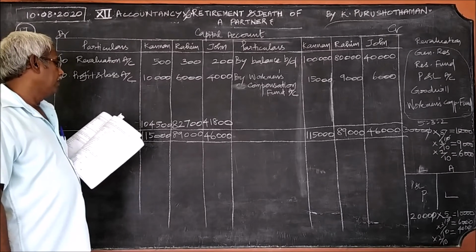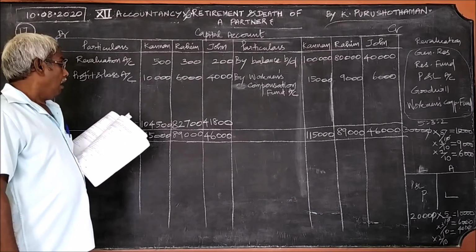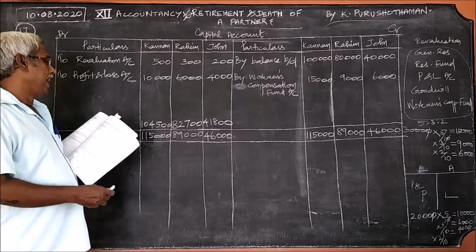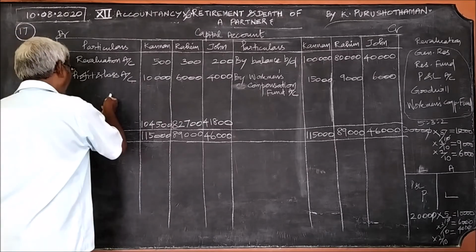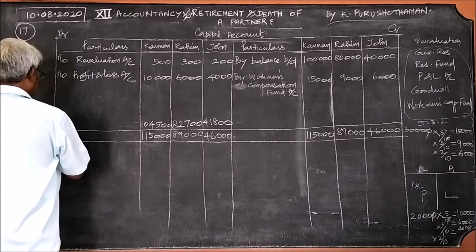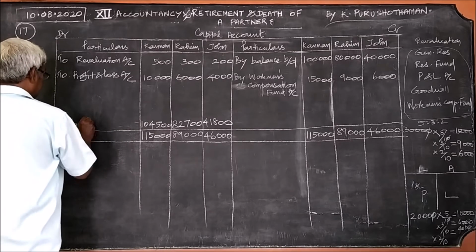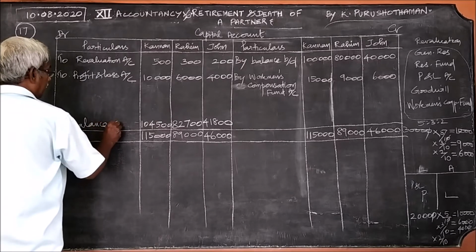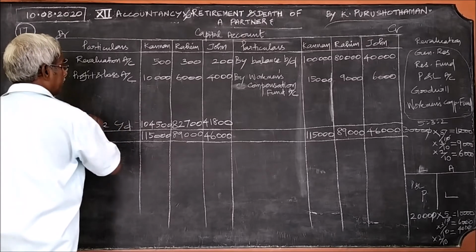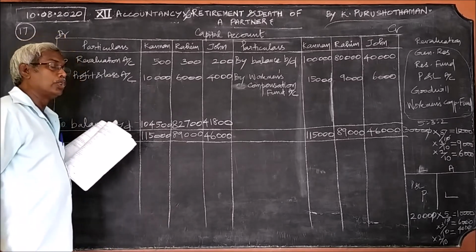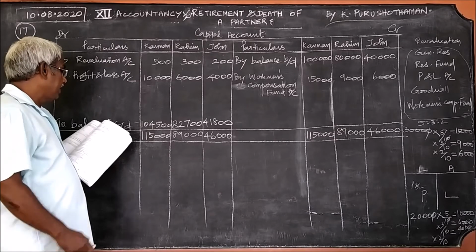So you must be very careful. So we will be writing like this, balance carried down. Alright, this is what we usually write, but who has retired?